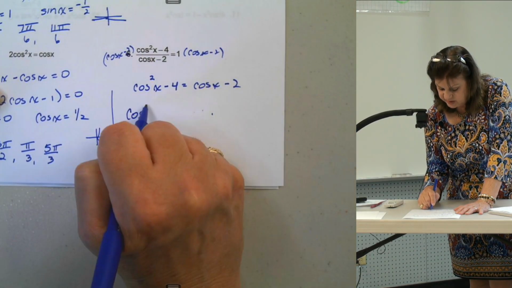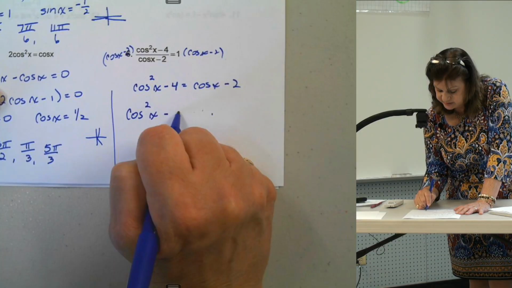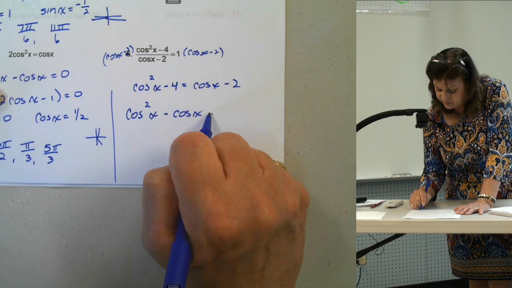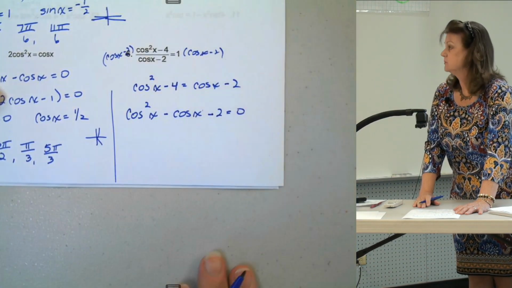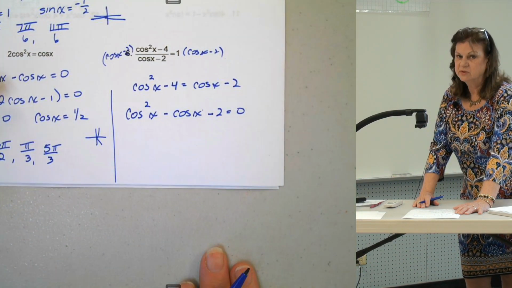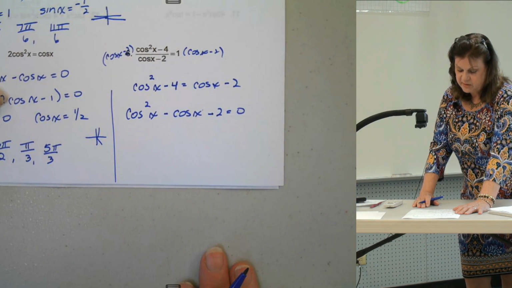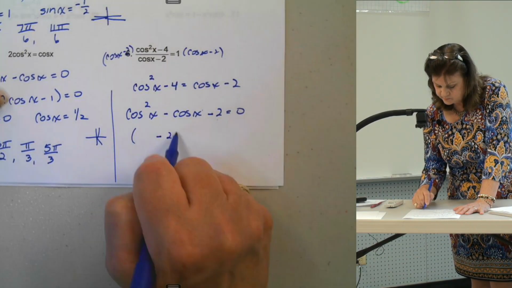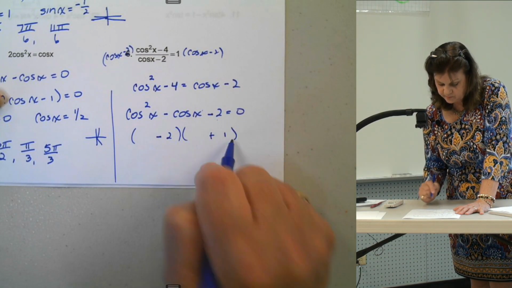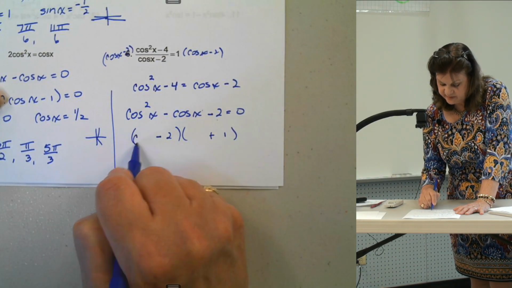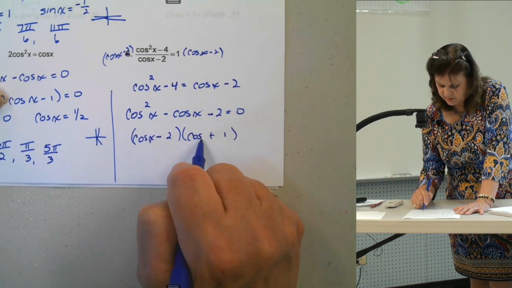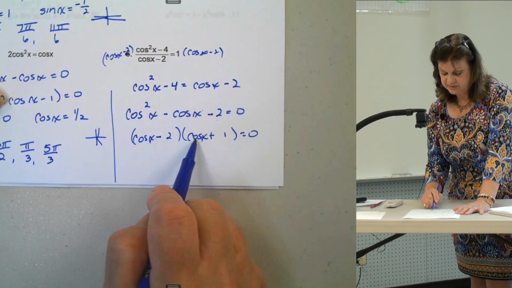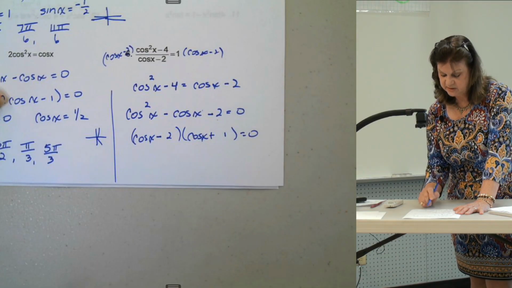So I've got cosine squared x minus cosine x, because I'm subtracting it and moving to the left, minus 2 is 0, because you're adding 2 to both sides, negative 4 plus 2. Now, factors of 2 that subtract to give me 1. And instead of x, I have cosine. That gives me cosine squared minus cosine minus 2.